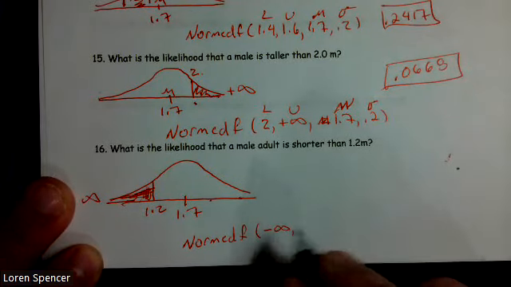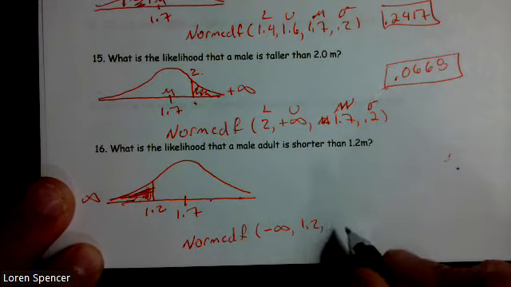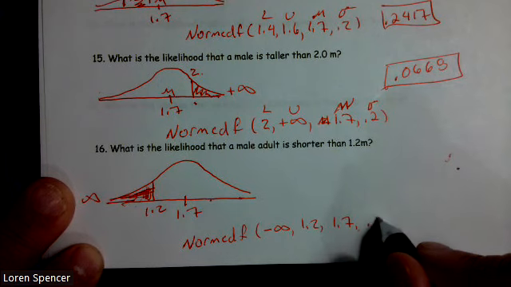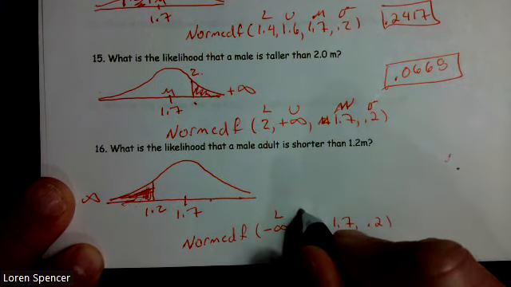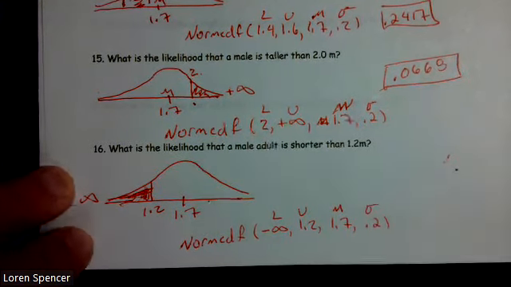Negative infinity is my lower. My upper is 1.2, that's the upper part of my shading. My mean is 1.7 and my standard deviation is 0.2. Lower, upper, mean, standard deviation.